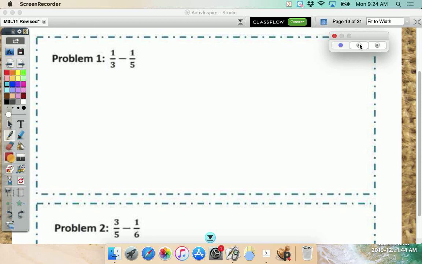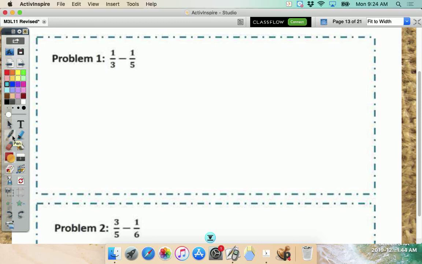All right, so boys and girls, we're subtracting fractions today, okay? Fractions with unlike denominators. So the only difference when you subtract is you have to make sure you are subtracting a large piece minus a small piece.